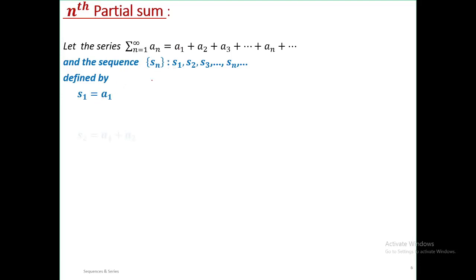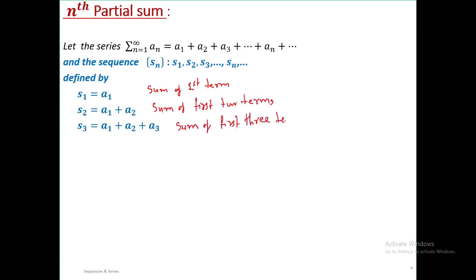Now the second term of my sequence, S2, is nothing but A1 plus A2. That means sum of the first two terms, only A1 plus A2. That's it. That is my S2. Similarly, S3 is the sum of the first three terms.